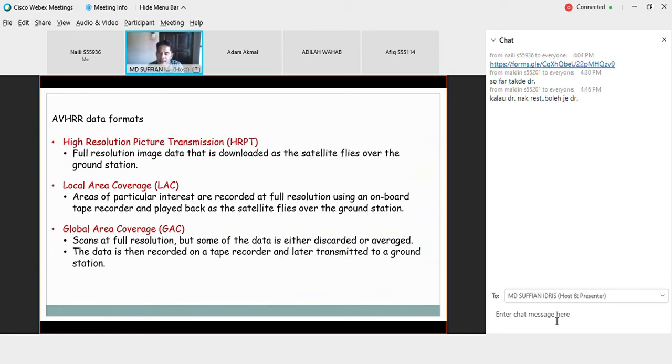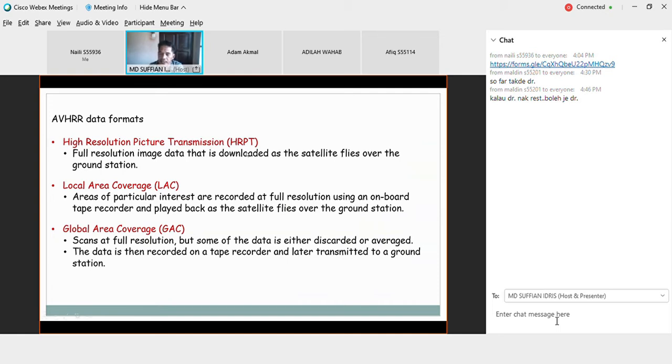GAC bermaksud bahawa average untuk dia punya scan line, setiap 3 scan line tu dia akan average kan. So dia punya resolution tu is a very coarse. It's different with local area coverage.